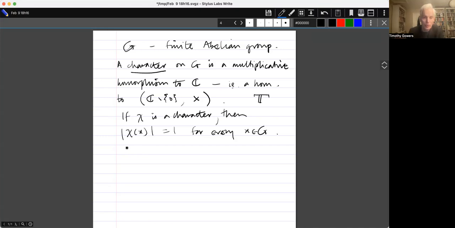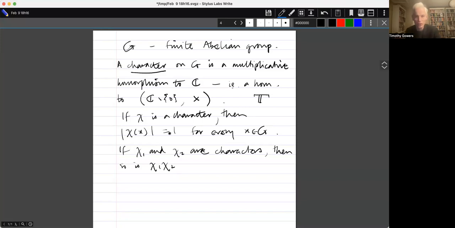Let's make a couple of very trivial, but important, remarks. If chi1 and chi2 are characters, then so is chi1 chi2, where I mean pointwise multiplication. So chi1 chi2 of x equals chi1 of x times chi2 of x. It's simple to check that that is also a character.